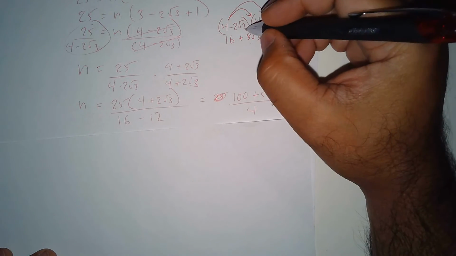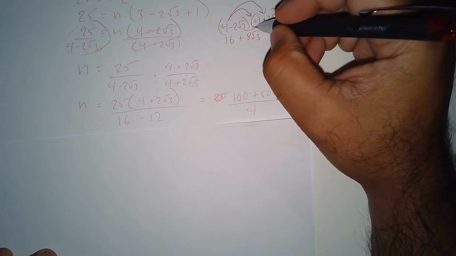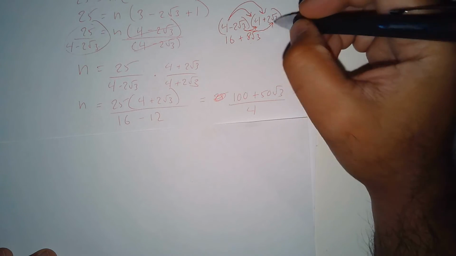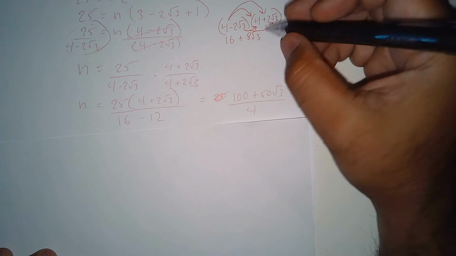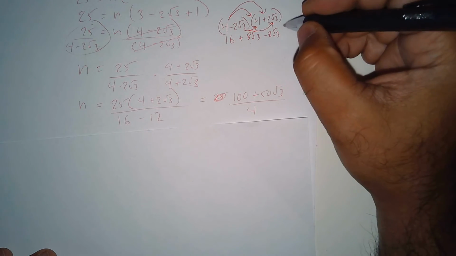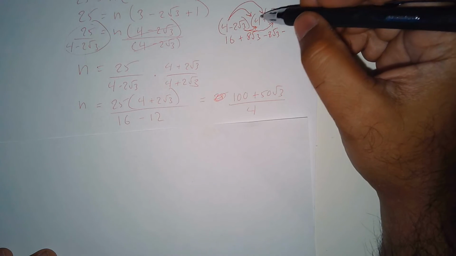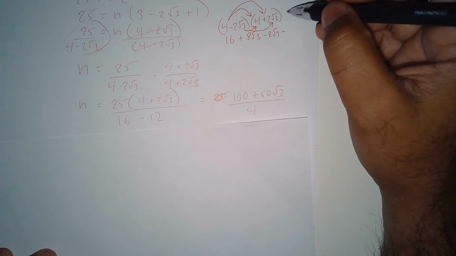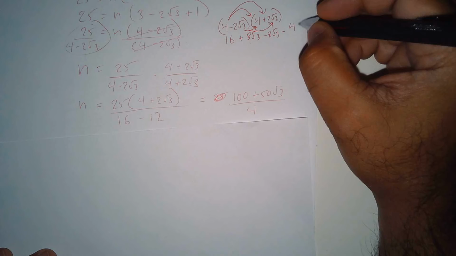Then you multiply by this one over here, and this is going to give you negative 8 root 3, and then minus 4 root 9.